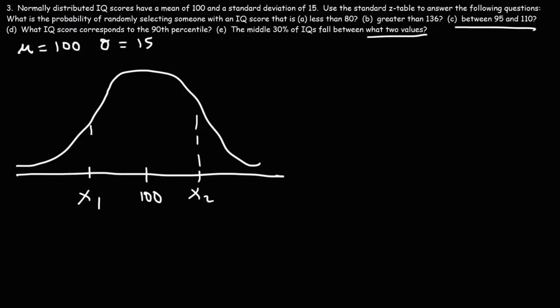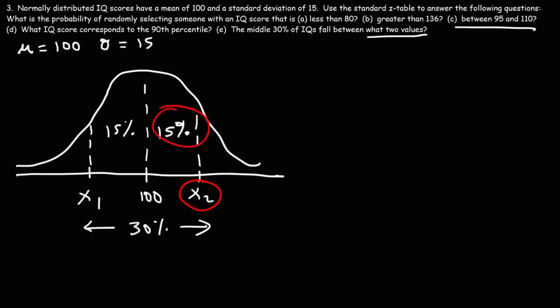Now granted, it's not drawn to scale. So this is going to be the middle 30%, which means that 15% will be on the right side and 15% will be on the left side. So we need to find the x values that correspond to these percentages.